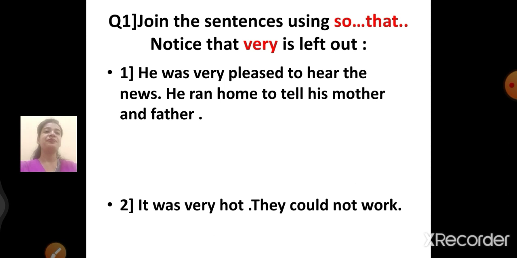Now children, let's start with this activity of chapter number 24. Now the same you have to do. Same heading, join the sentences using so that. Notice that very is left out. Now I think this is very easy for you, very interesting for you. So I'll read the question and you're going to write the answer in your book. The question is, he was very pleased to hear the news.